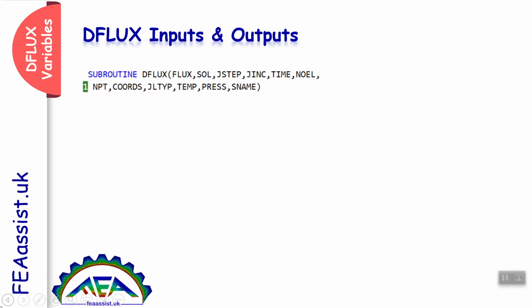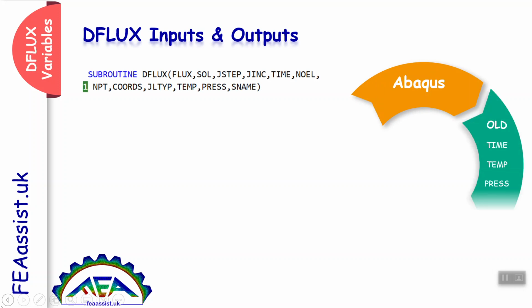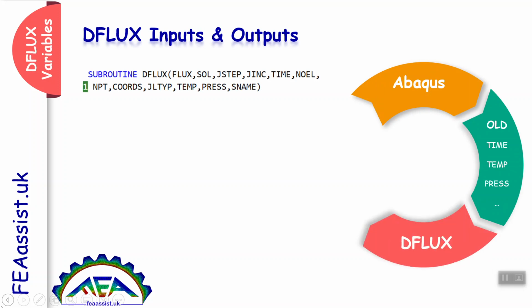DFLUX variables. DFLUX has some inputs. We need to process those inputs and export those processed inputs as an output into Abaqus. In other words, Abaqus computes time, temperature, pressure, and other variables. We need to get these variables and write our fluxes, flux 1 and flux 2, and return them back to Abaqus.